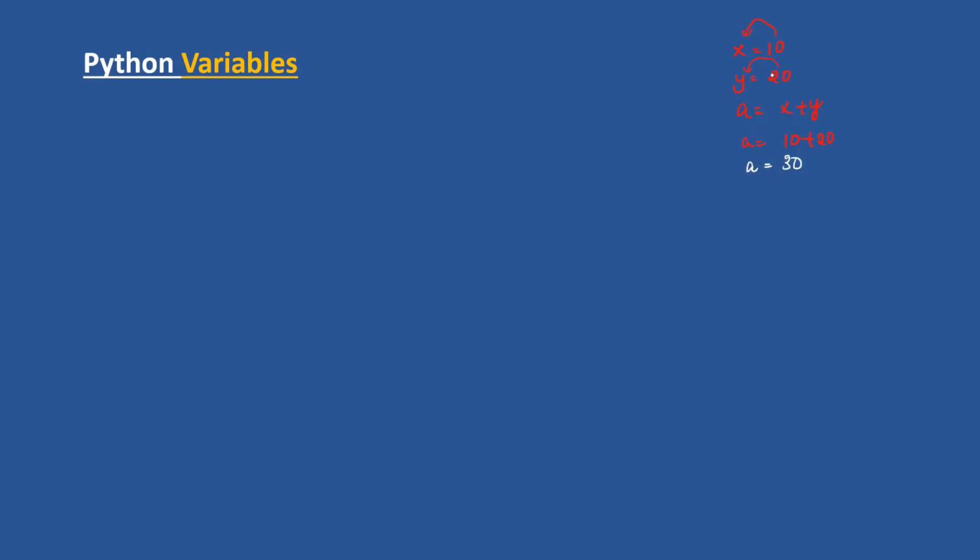So a is equal to 30. Now the value 30 is assigned in the variable called a. For example, initially x is 10. Later, if I want to change the value of x to, let's say, 40, it is possible. That is why we call it a variable, which might change, which might vary the value. So changes are allowed in a variable.